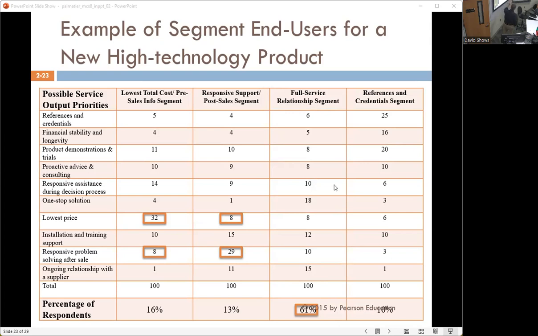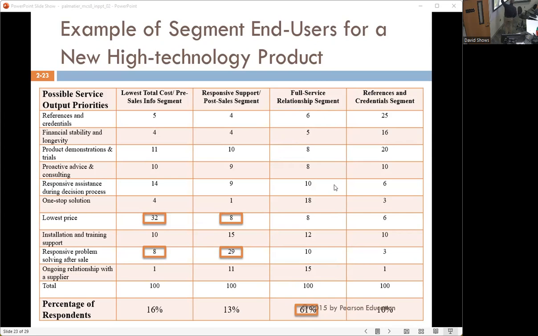So this tells me that I need to have my own geek squad. If I am going to go after this group, I've got to make sure that I'm always pitching service contracts, both on-site and in-house, and see if I can get them to agree to one of those. Now, here's the problem. It's only 13% of the respondents. So do I devote all of the resources to that? It's a big difference.